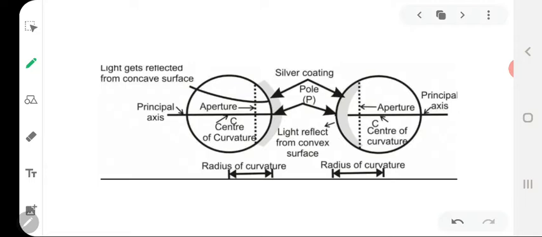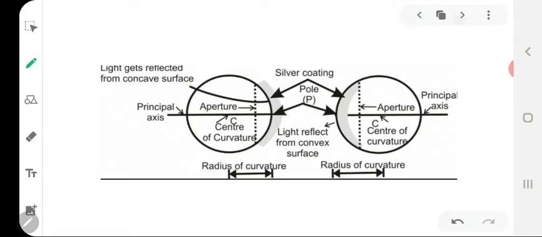Pole, center of curvature, radius of curvature, principal axis, aperture, principal focus, and focal length. These are the terms that we shall be discussing regarding spherical mirrors.